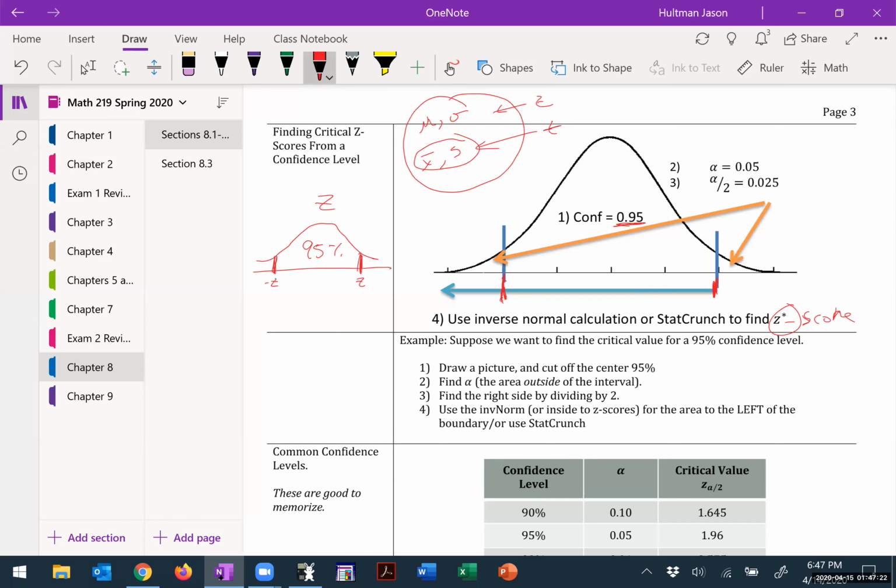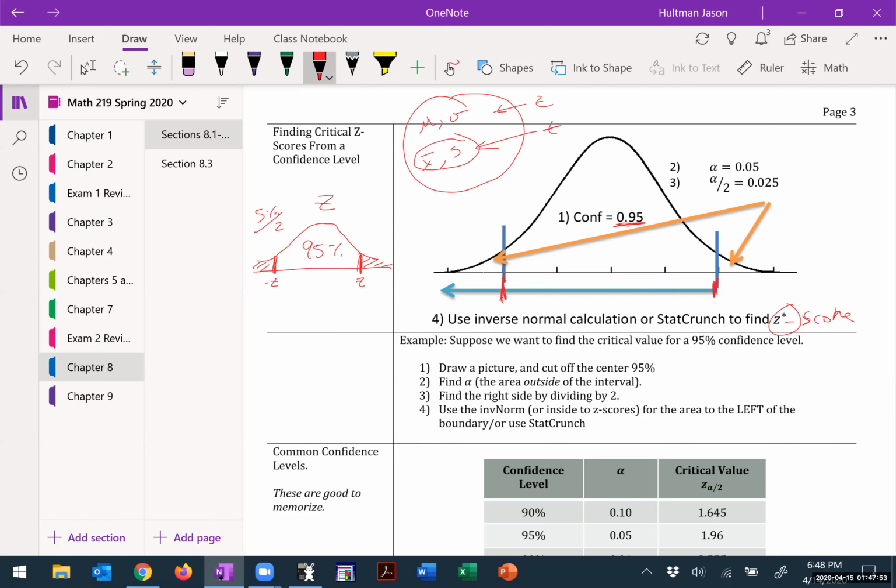Well, let's use inverse norm to get that cutoff. So if the middle is 95%, then aren't the tails 5%? Together, those tails make up 5%, right? So I have to take that 5% and slice it in half.